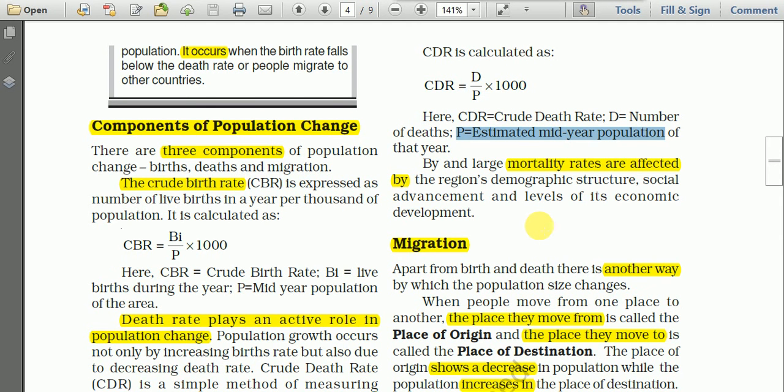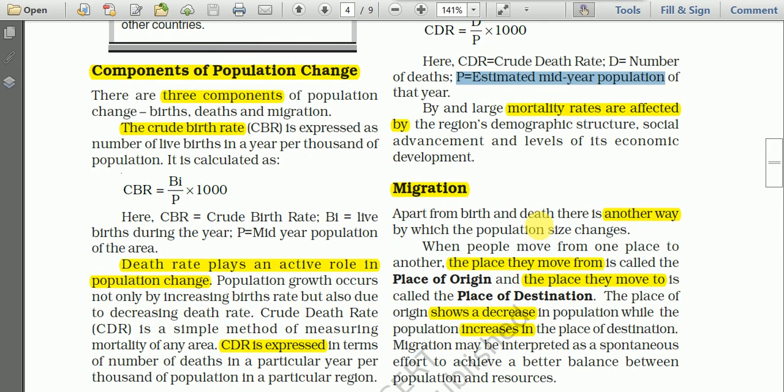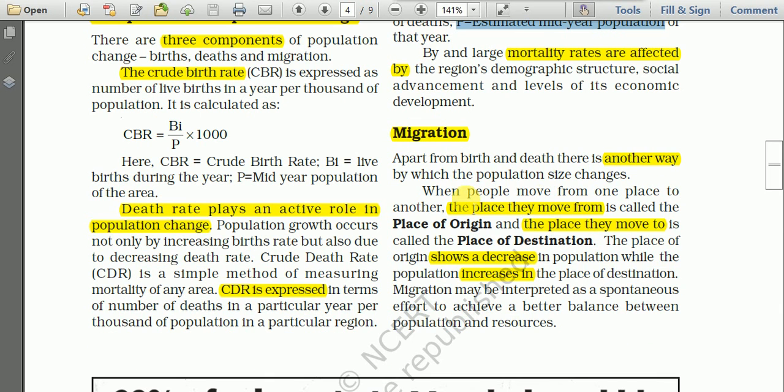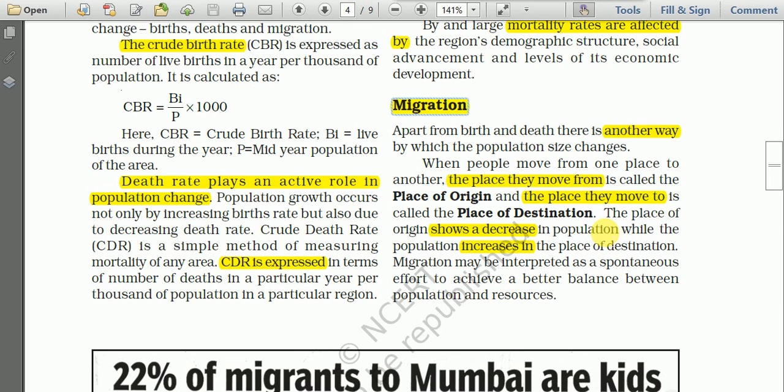That is known as the death rate. Apart from birth and death, another way by which population size changes is migration.